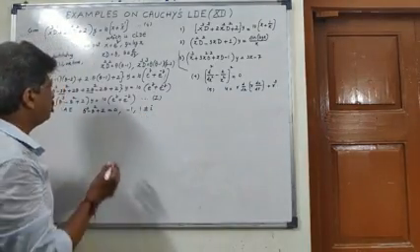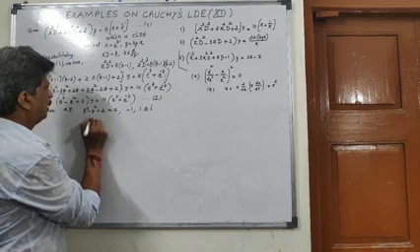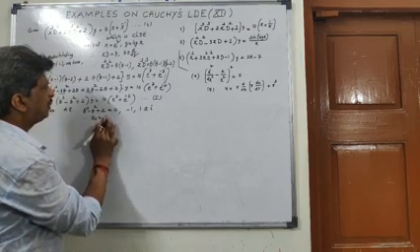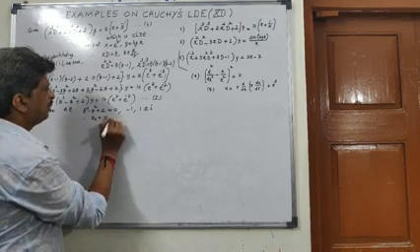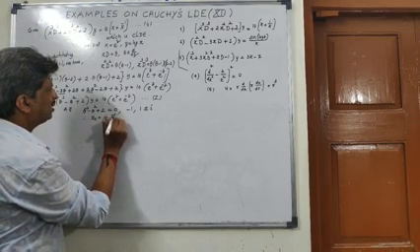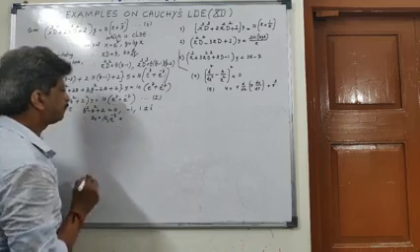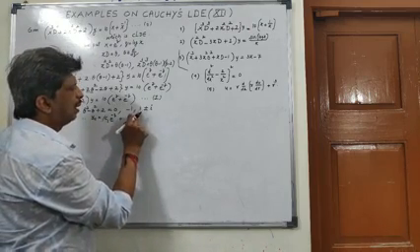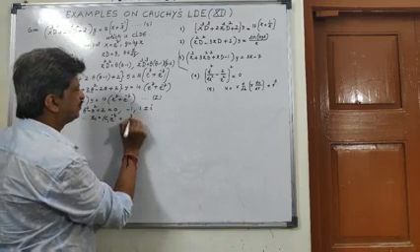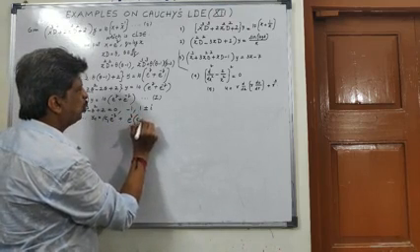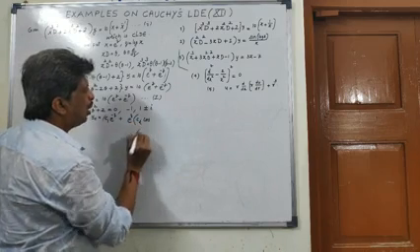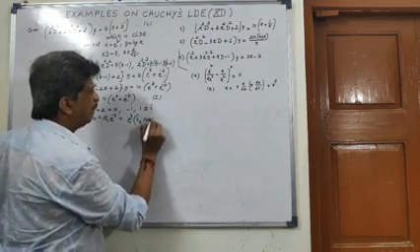So, subject to this nature of roots, the complementary function is C1 e raised to power minus z plus e raised to power alpha z into (C2 cos beta z plus C3 sin beta z), where alpha is 1 and beta is 1.